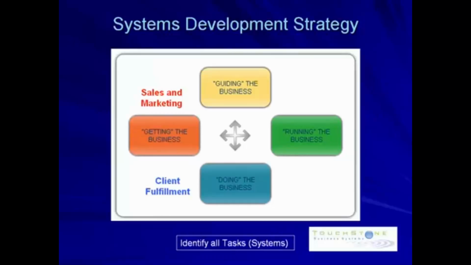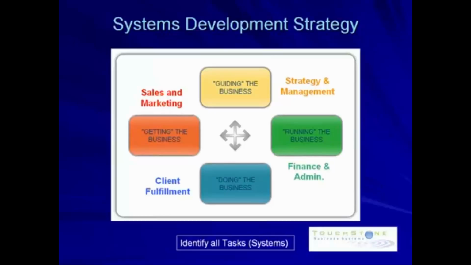Then there are all of the activities that go on behind the scenes, like invoicing, paying your bills, collections, hiring, firing, preparing financial statements, budgeting, cash flow projections, essentially all of the financial and administrative systems, as well as your HR and IT functions. We call this running the business. And finally, the strategic systems for managing and leading the business from where you are today to where you want to get to, the category that we call guiding the business.